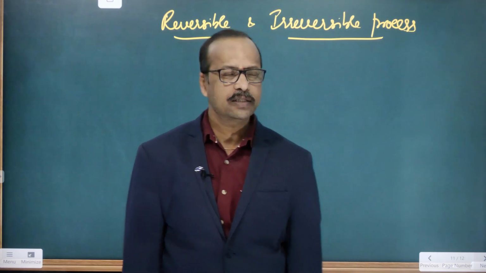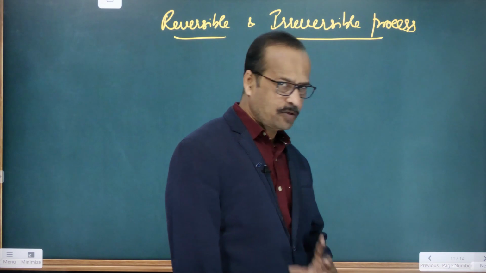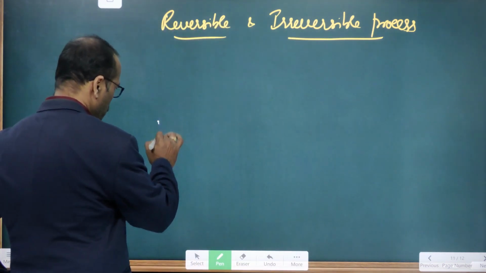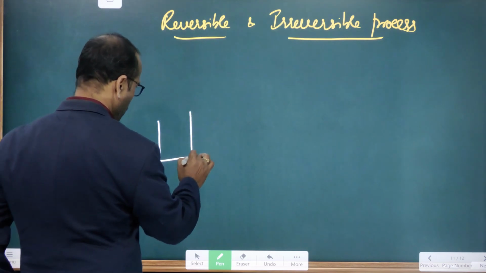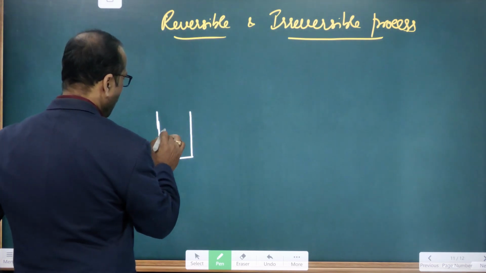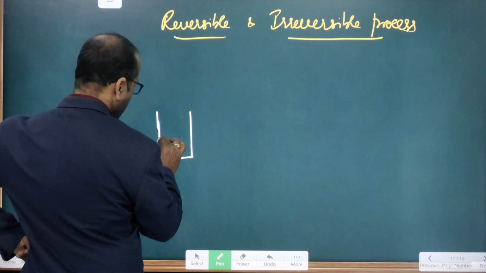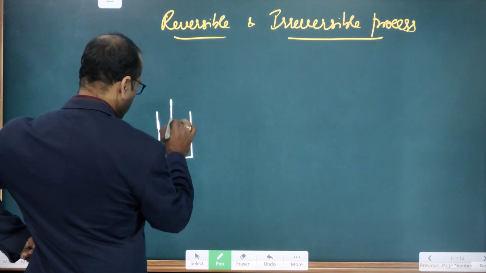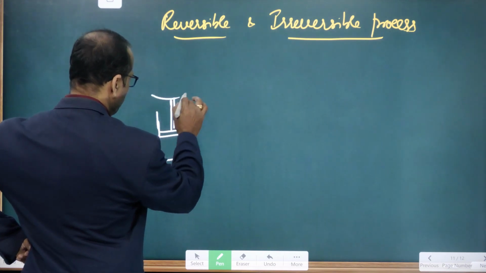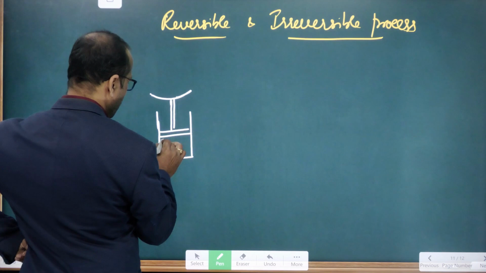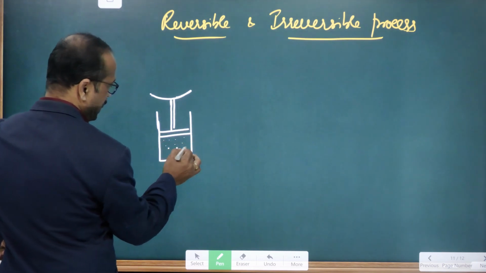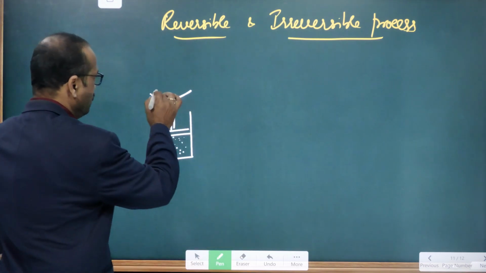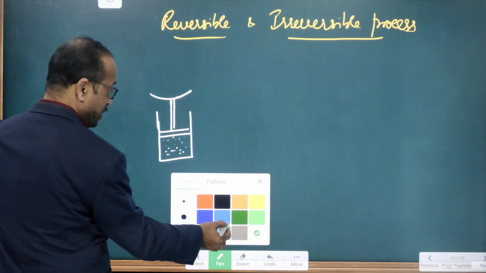So here, for example, students, observe carefully. Here we are taking two cylinders with a piston. So this is the cylinder and this is a piston. In this piston I will arrange one plate, and here the gas molecules are there, and they are pressed by using some sand.